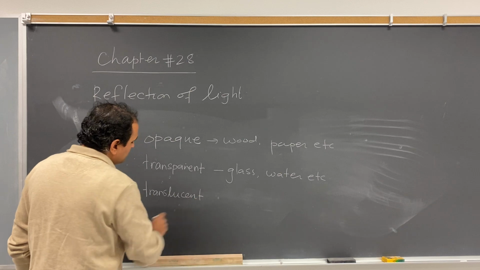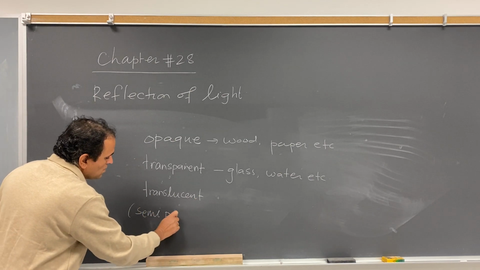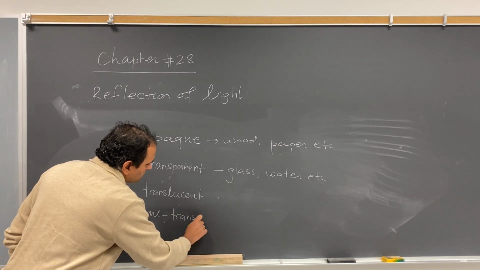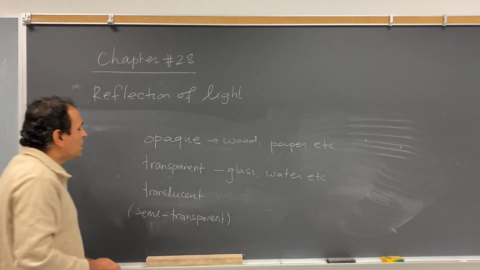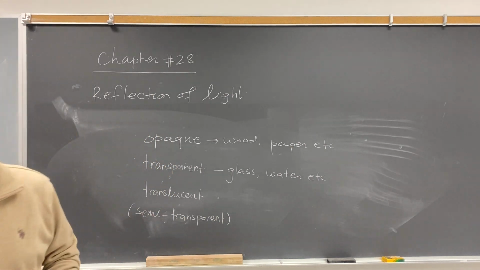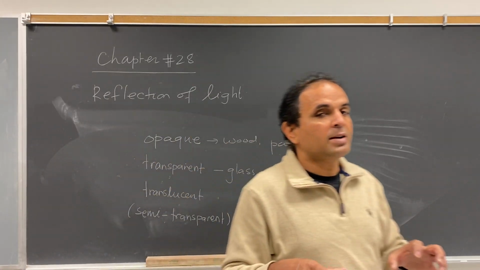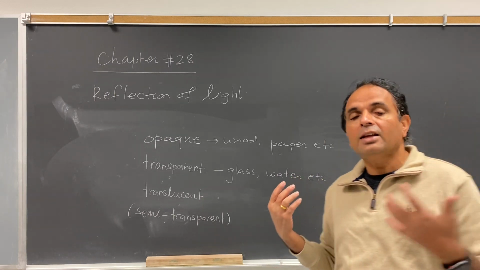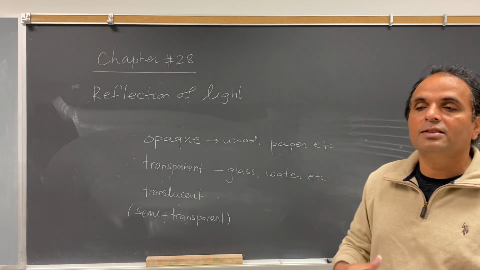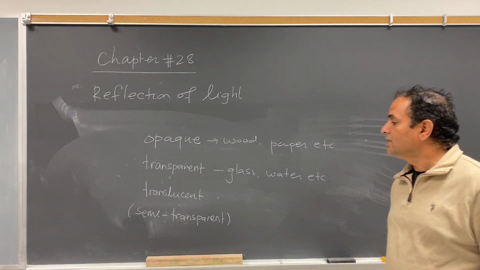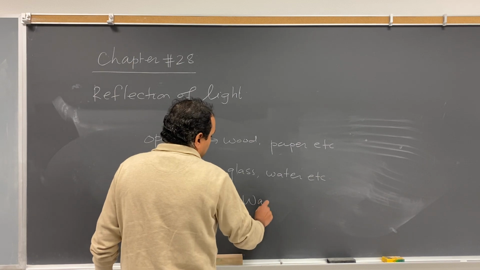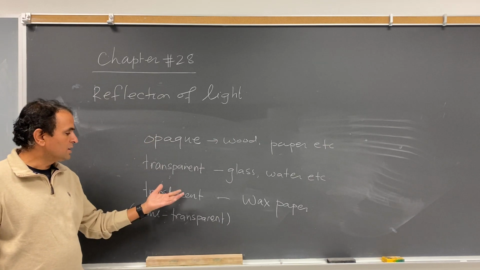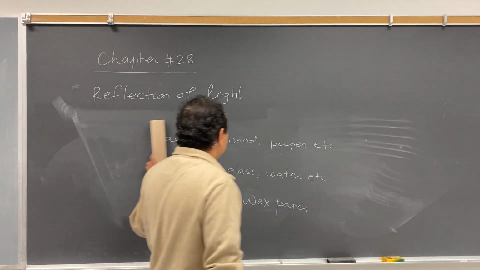So for translucent or semi-transparent, only a partial amount of light passes through that object, like wax paper. All the light cannot pass through that. Only a certain percentage of light can pass through. So we have three types of objects: opaque, transparent, and translucent. This is really simple.